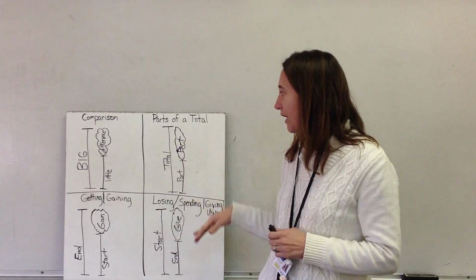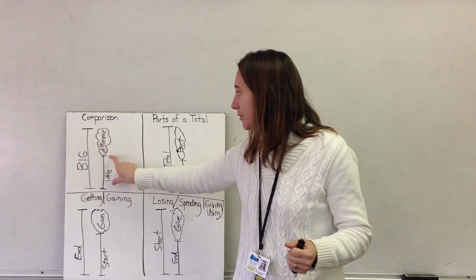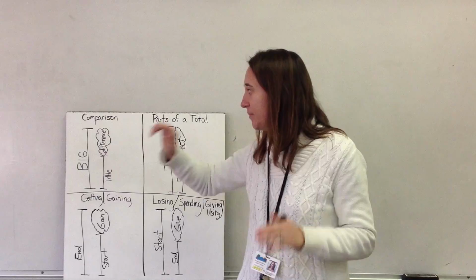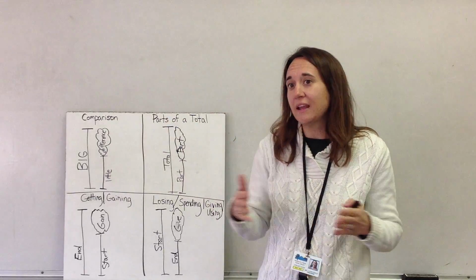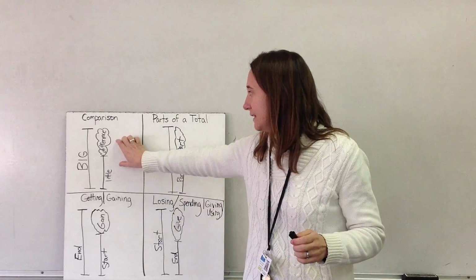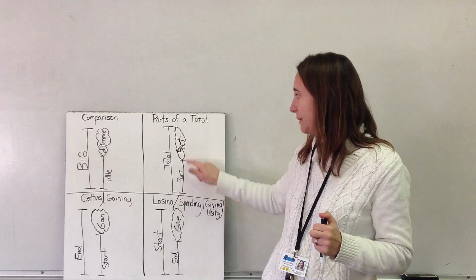Comparison problem. The graphic organizer is all the same. You have a long piece and then you have a small piece and then something that fills in. The important part to remember is that you can have more than two pieces here. Particularly for this one, it's parts of a total. It doesn't have to just be two parts.